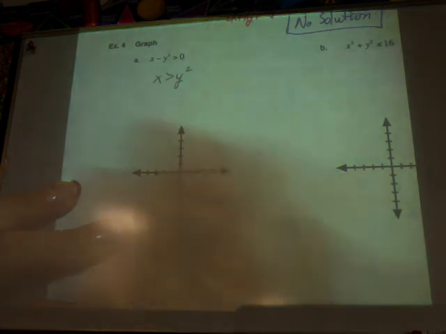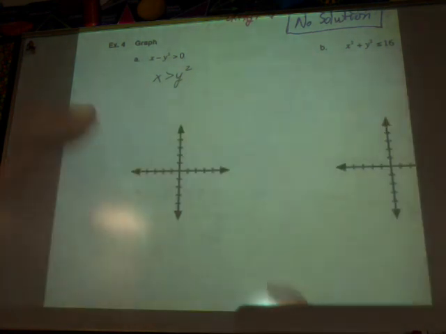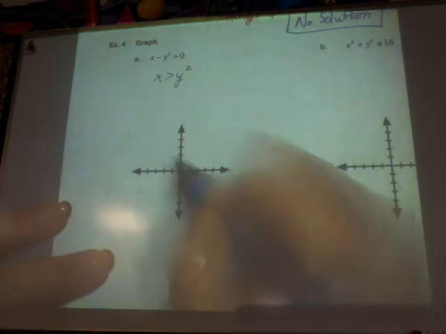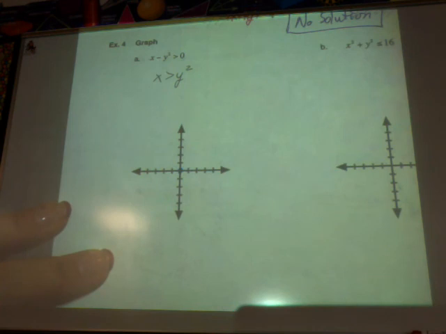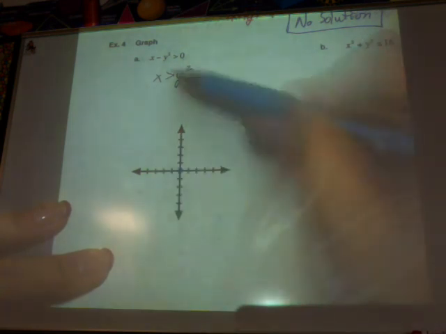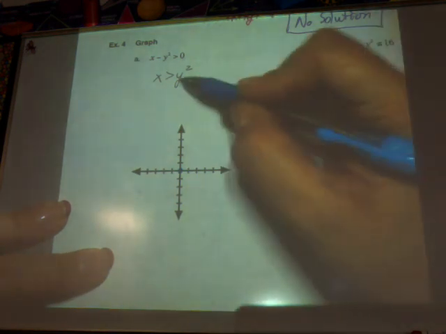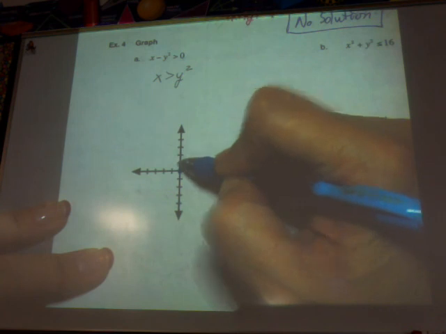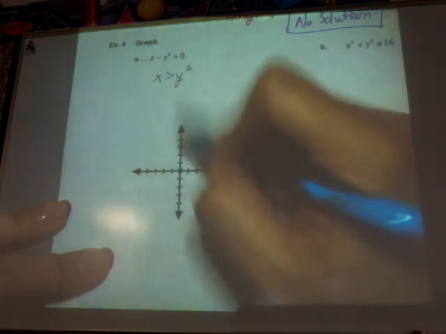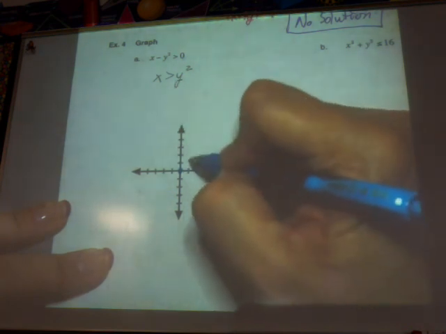That's your parabola that opens right and left. So that means your vertex is on the origin, right? And then if you let y equal 1, what's x going to be? So up 1, y is 1, x has to be 1. Isn't there a point here?